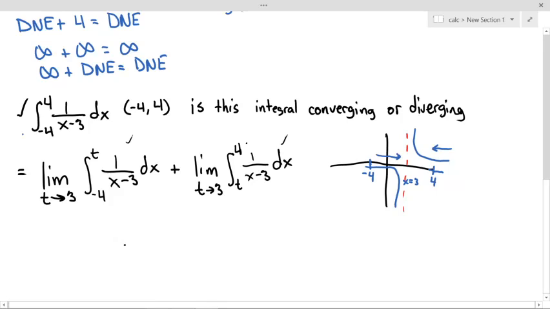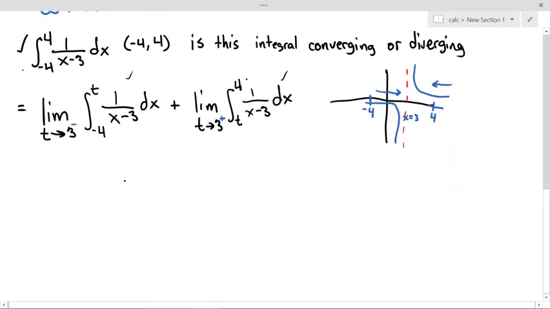This integral, starting at -4 going to 3, is going to the right, so it's approaching from the left. This other one, continuing from t, is approaching from the right.